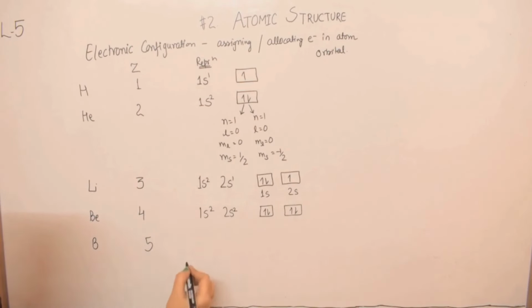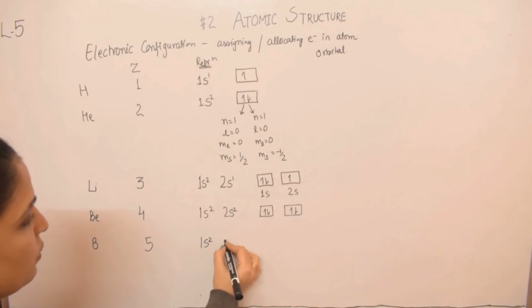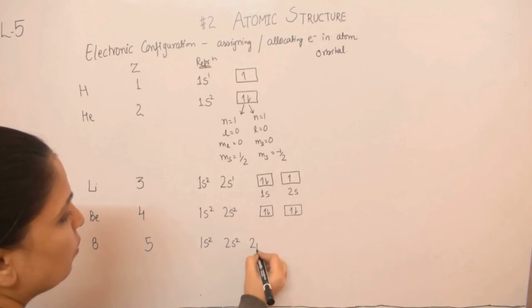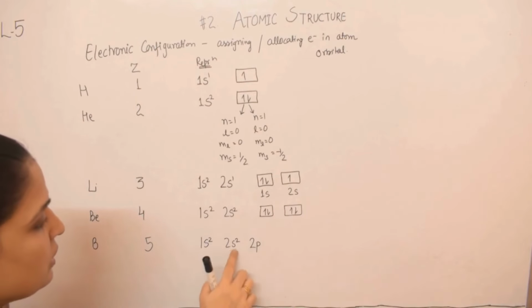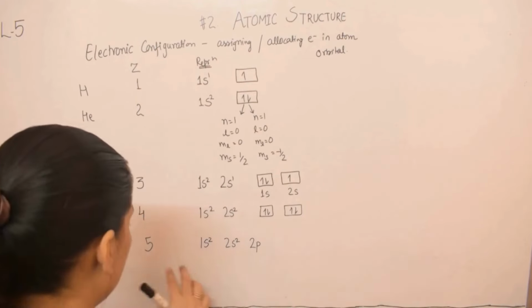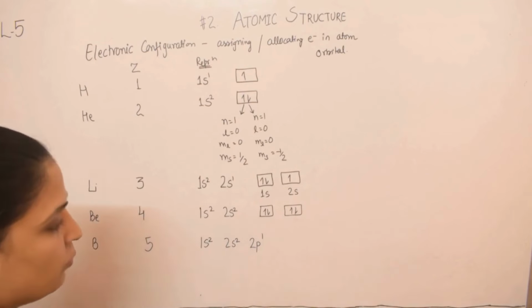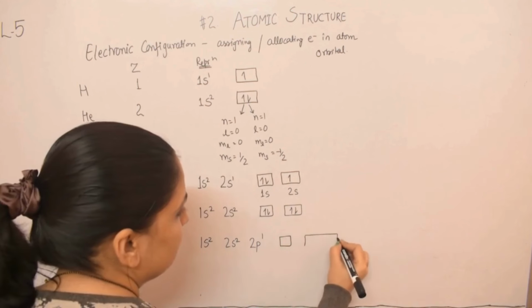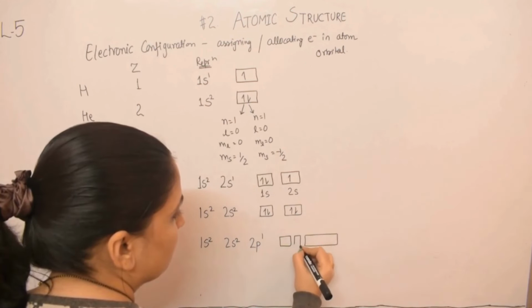Boron is going to be 5. Since 2 electrons is the maximum that can be occupied, the next will go to 2p. This series comes from the Aufbau rule. The fifth electron goes here.